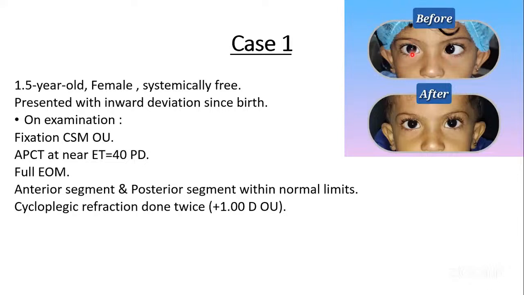Then I will uncover the right eye, and if the patient maintains fixation in the left eye, then the patient again has central, steady, maintained fixation in the left eye. So in such cases, I will write fixation CSM-OU. That means the patient is maintaining fixation with both eyes.